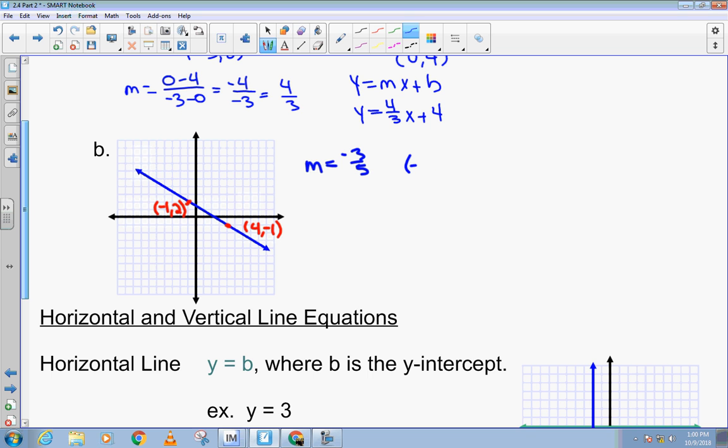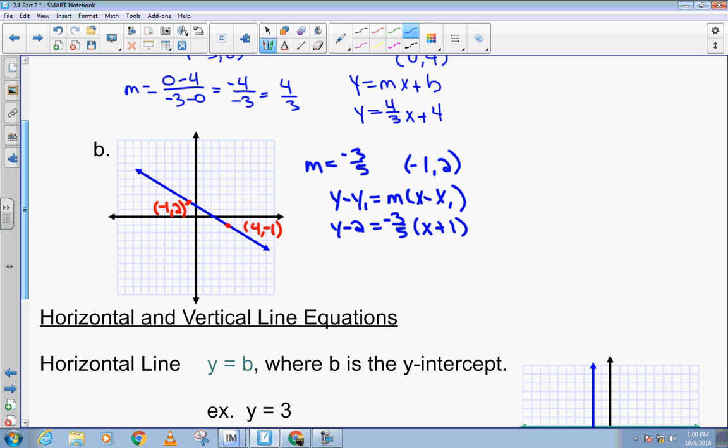-1, 2. Okay, so I'm going to pick this slope, and I use this point, and now I put it into this formula. Okay, so that gives me y minus 2 equals -3/5 x minus a -1, which becomes +1. Okay, and it wants it in slope intercept, so I have to solve for y.